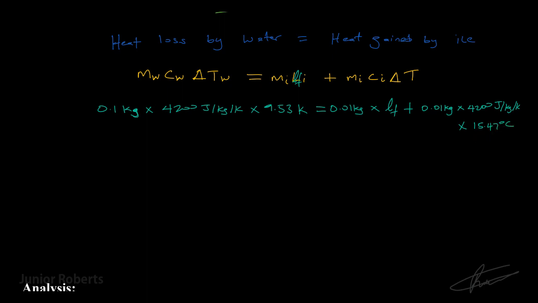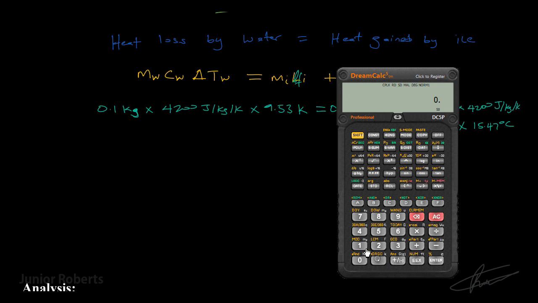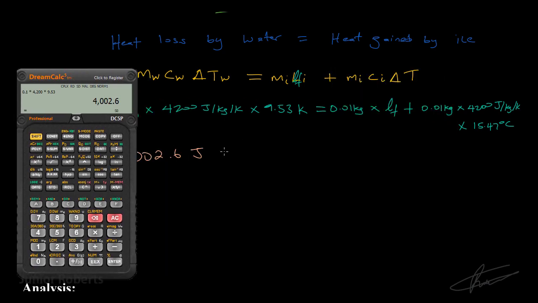Now from here we can start to do some simplification. We first start by simplifying this portion. We take the calculator and say 0.1 multiplied by 4,200 multiplied by 9.53, and we get 4,002.6 joules, and that will be equal to 0.1 kilograms multiplied by the latent heat of fusion of ice plus this value right here.